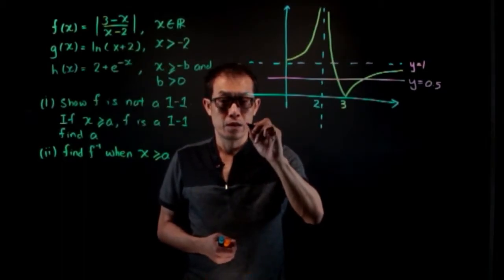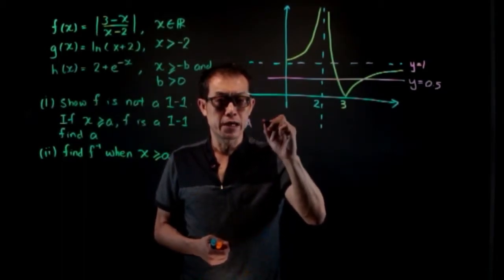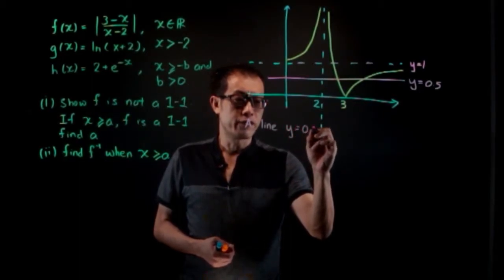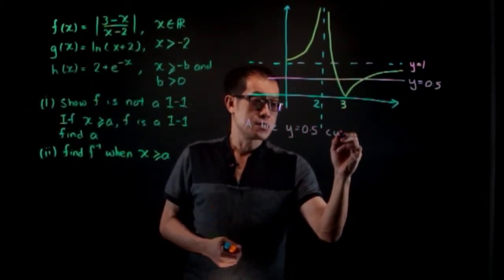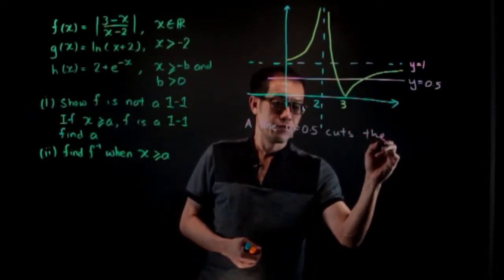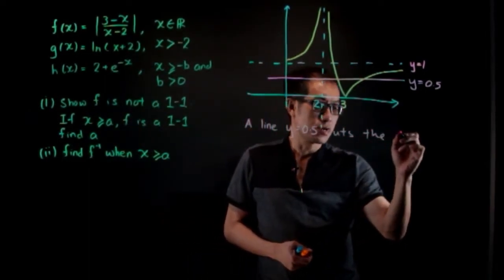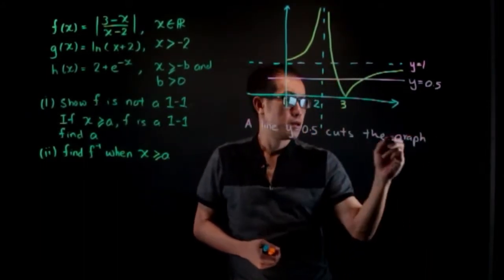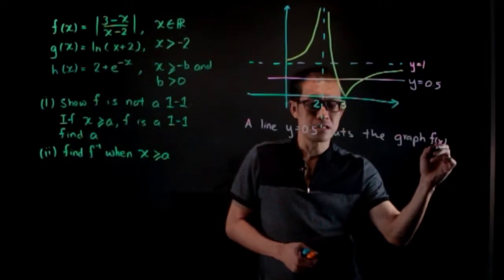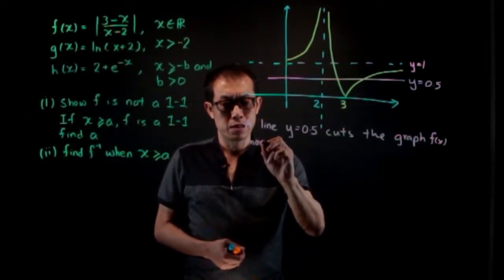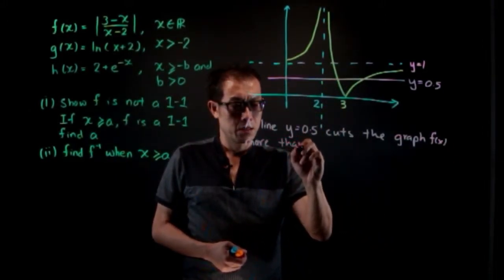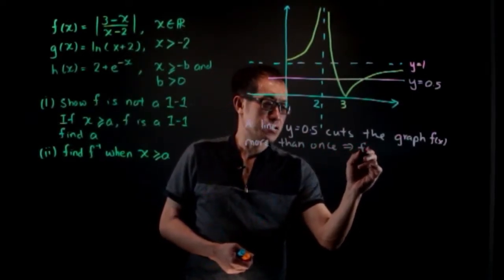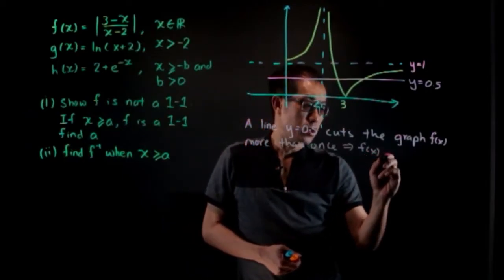So we can explain that a line y equals 0.5 cuts the graph f of x more than once. Implies that f of x is not a one-one.